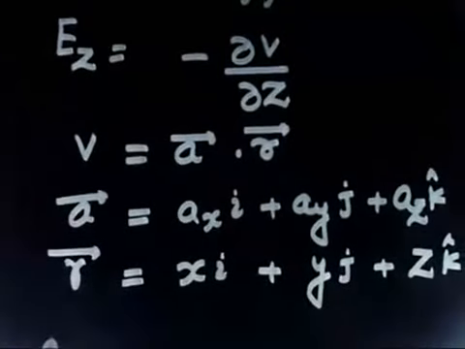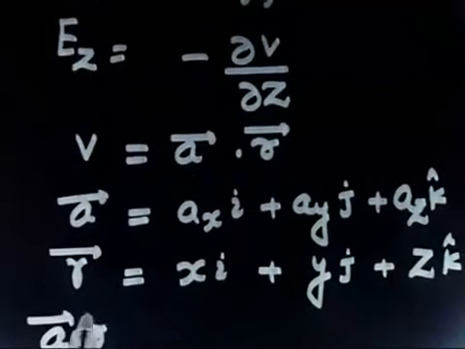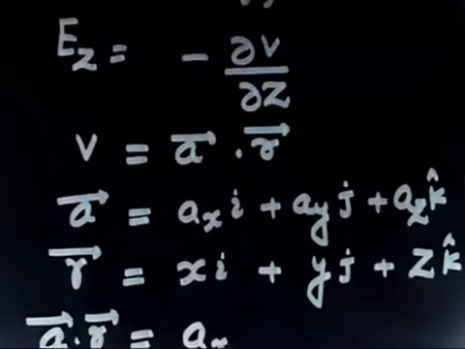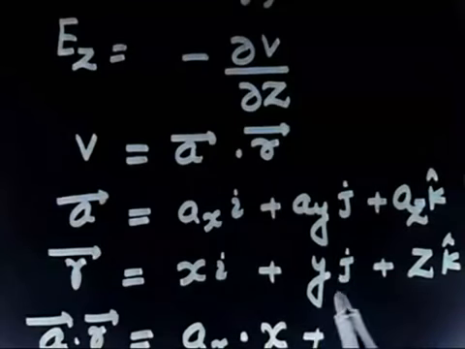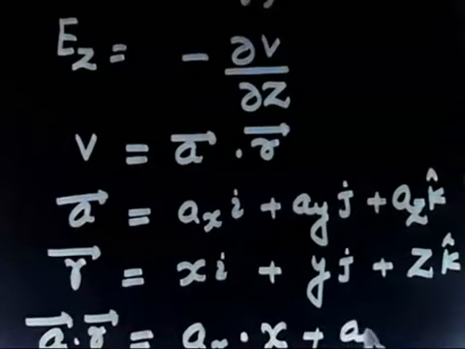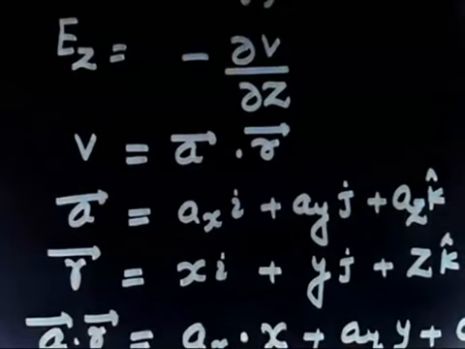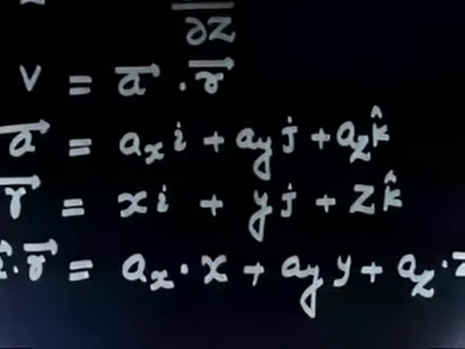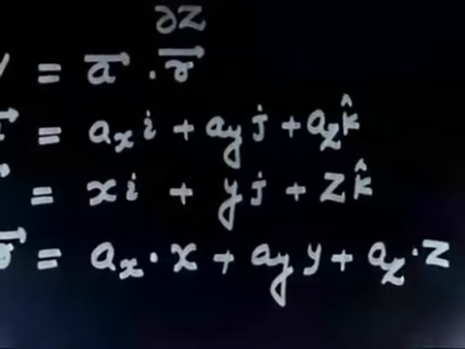Now A dot R can be written as Ax into x, because i dot i is 1, i dot j is 0, i dot k is 0, so I have to take this term only, plus Ay into y plus Az into z. Are you getting? So this is the value of A dot R.